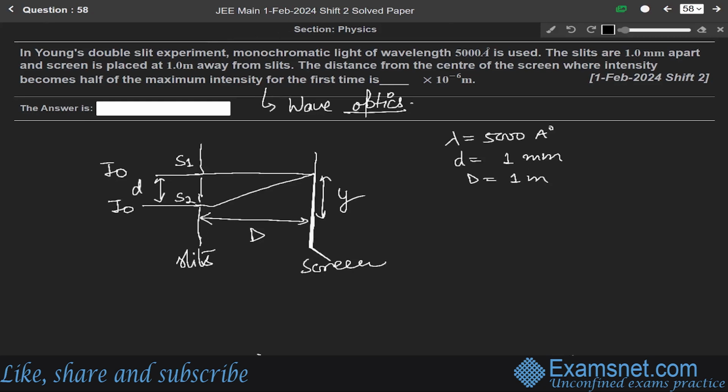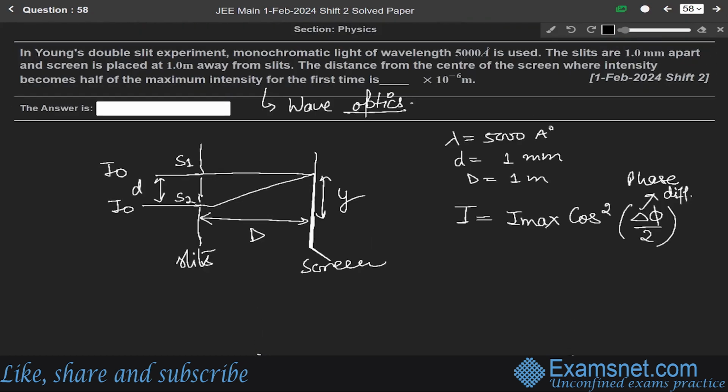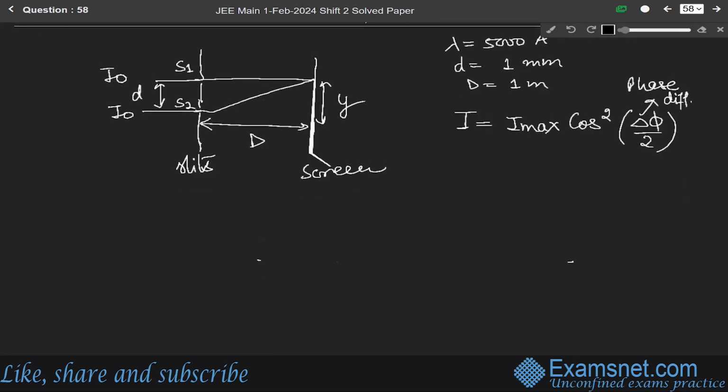We know the intensity formula is I equals I maximum cos square delta phi by 2, where delta phi is the phase difference. For monochromatic light this remains constant. We have to find the distance at which the intensity becomes half of the maximum intensity, so in place of I we write I maximum by 2. It equals I maximum into cos square delta phi by 2.